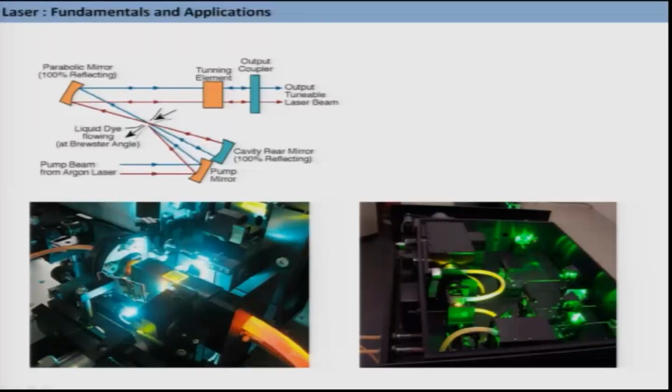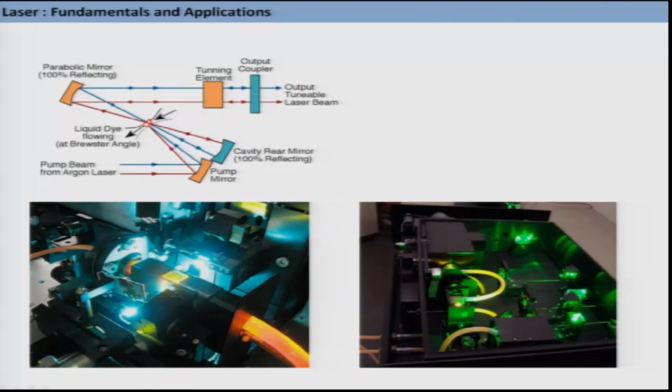You bring the pump beam from this argon ion laser and hit the dye cell kept right here, and the fluorescence is shown by this green light. That travels back and forth between this output coupler and this high reflecting curved mirror, and you get the output from the output coupler.